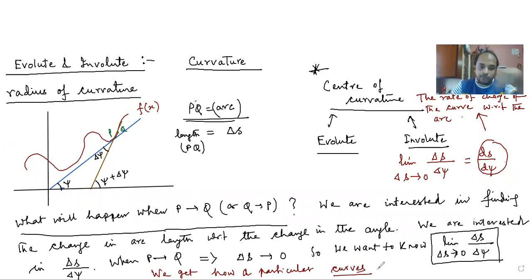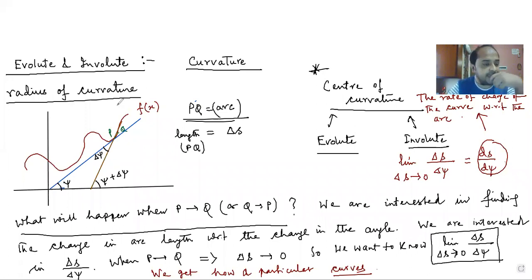When we draw a curve, what is the nature of the curve, how does it curve? That is studied in radius of curvature. So this is not the radius of curvature, remember, this is just the rate of change of the curve with respect to the arc. Now what is radius of curvature?